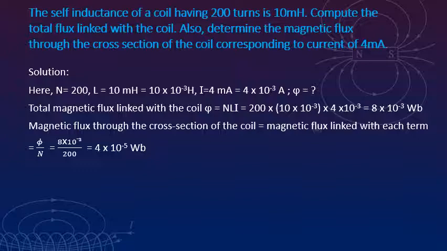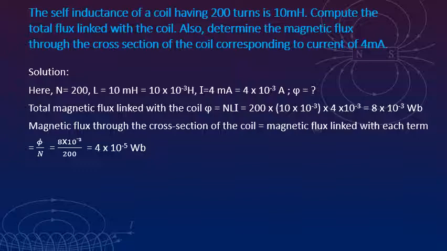So, here it is given the total number of turns capital N is equal to 200. The self-inductance capital L is equal to 10 millihenry, that is equal to 10 into 10 power minus 3 Henry. Current I is equal to 4 milliampere, that is equal to 4 into 10 power minus 3 ampere.